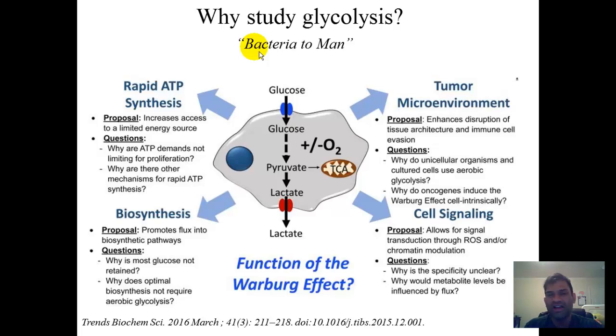We don't hydrolyze fatty acids in the brain, but we hydrolyze glucose, so glycolysis is super important in the brain. And glycolysis is also important in the red blood cell, and glycolysis is also important in the muscle cell. Obviously, you can figure that out when you're doing very, very vigorous exercise.